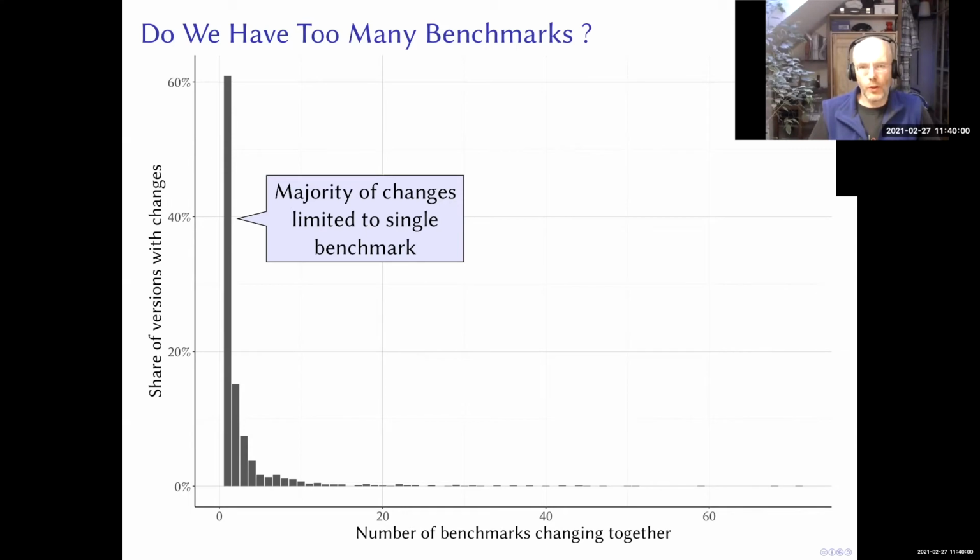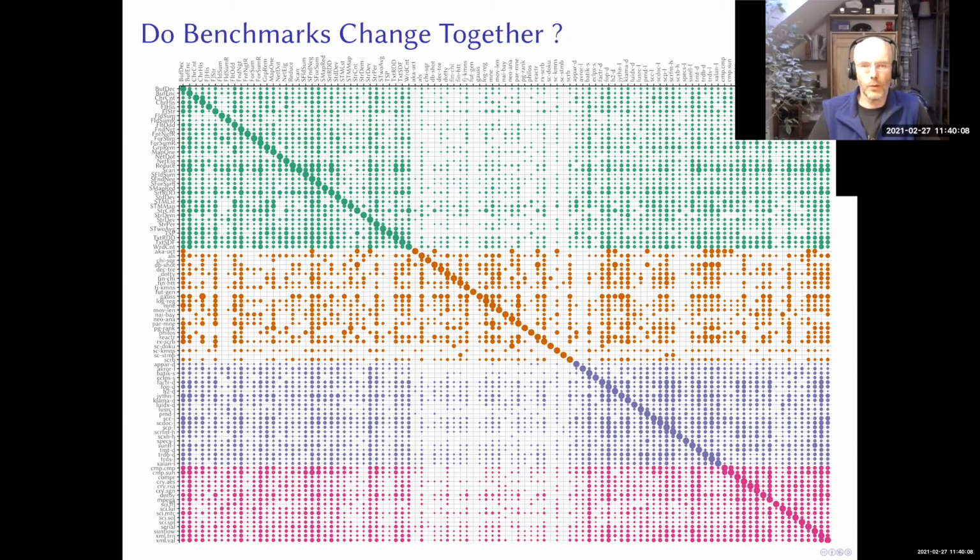There's also the question of whether the benchmarks somehow overlap in functionality. So this is a sort of an attempt to squeeze this information into a single screen. So in this table, each row and column stands for one benchmark workload, and the size of the dot you see tells how many times out of all changes we saw, how many times the two benchmarks selected by the row and the column changed together.